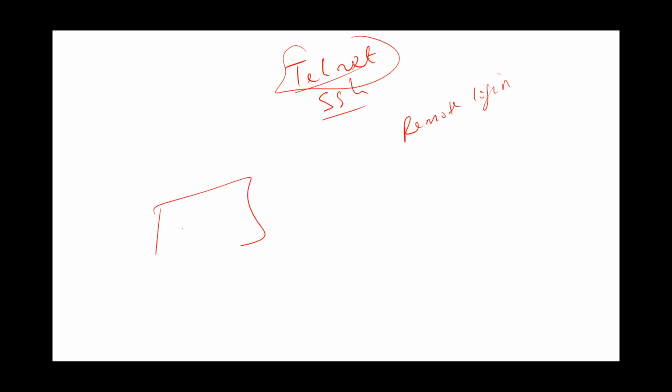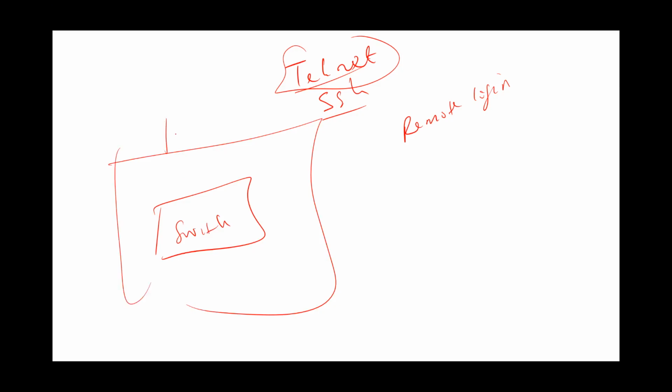We have a switch. Since we are still talking about switch now, in our next class, we're going to move to a router. We have a switch somewhere, let's say in Port Harcourt. It's on a network in Port Harcourt, and that is where Aliyu works. He's the senior network administrator. For some reason, Aliyu travels to the UK.